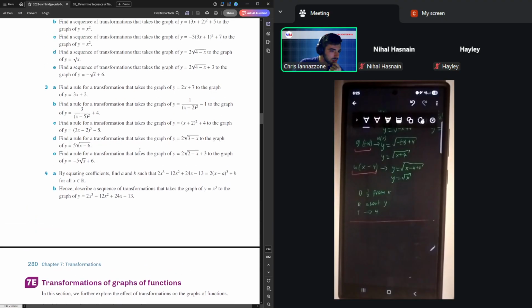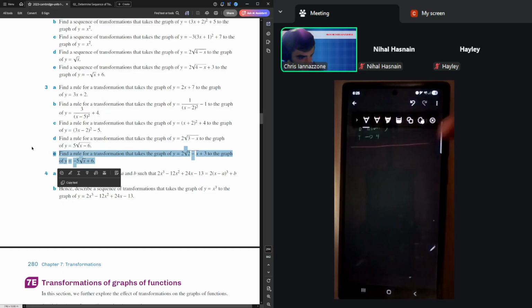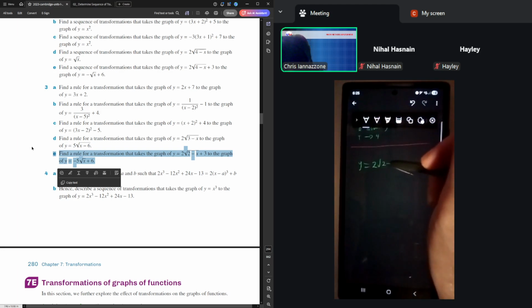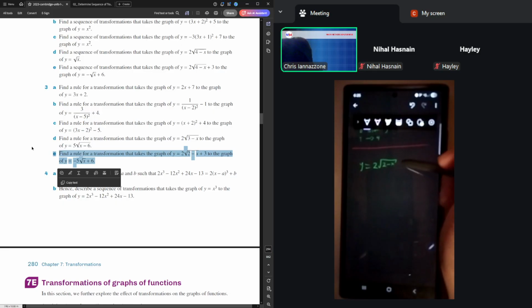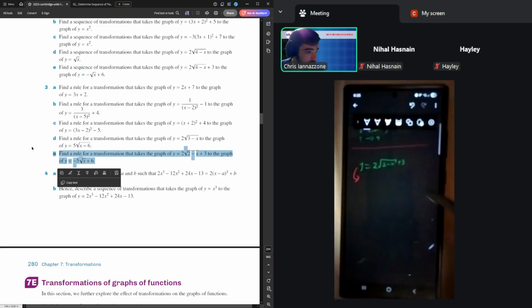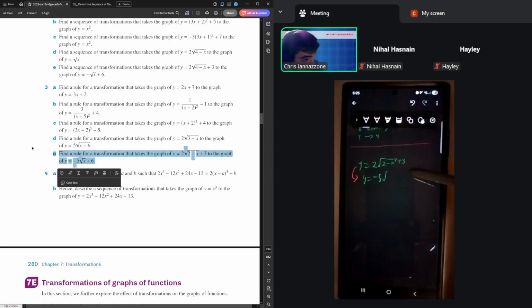Let's see, what's a decent one that we could do? Let's do it where they've got both transformations, actually. Yeah, we'll do these roots. So y equals 2 root 2 minus x plus 3, and we're going to y equals negative 5 root x plus 6.